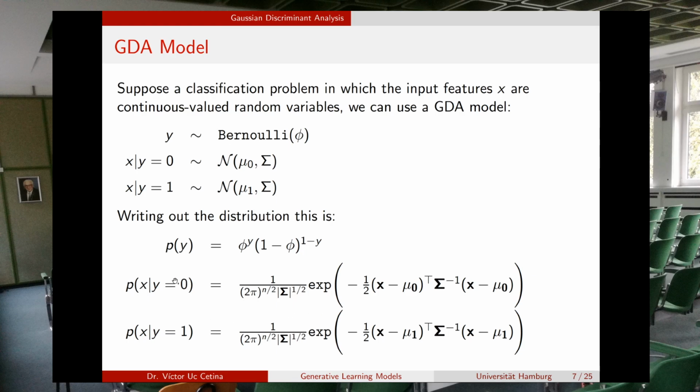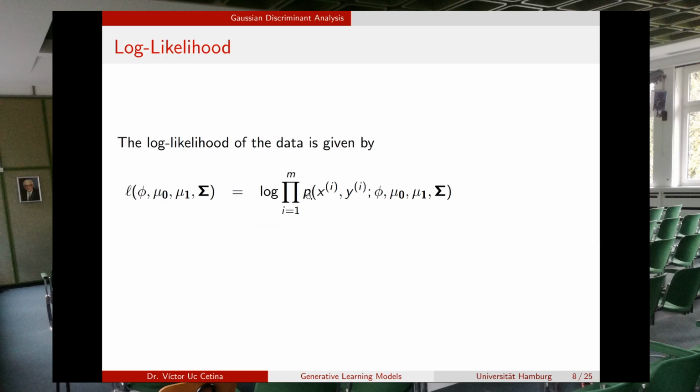To be able to compute this probability, we need to know what this covariance matrix, this sigma, is. We need to know the value of mu 0 and the value of mu 1. Those are all the parameters that we need for implementing this, and of course the phi parameter here.